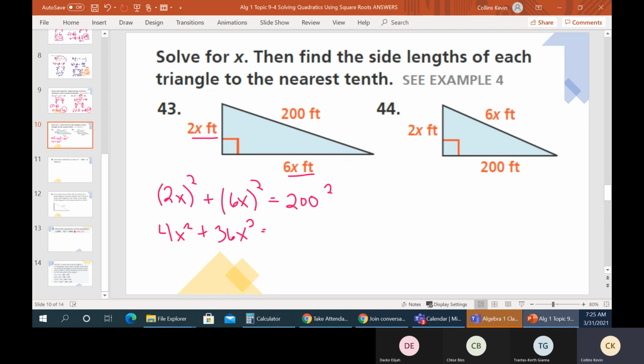Good. All right. So 40,000 dollars. That would be nice. All right. Add these two guys together. So 4 and 36, coincidentally, is also 40 with an x squared. And that equals 40K. All right. Divide by the 40.